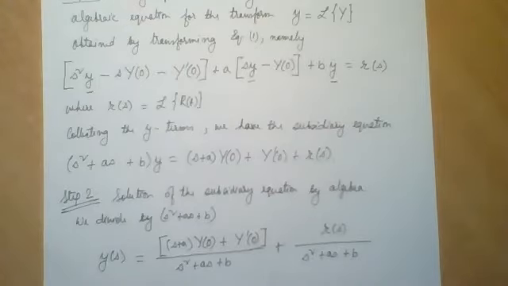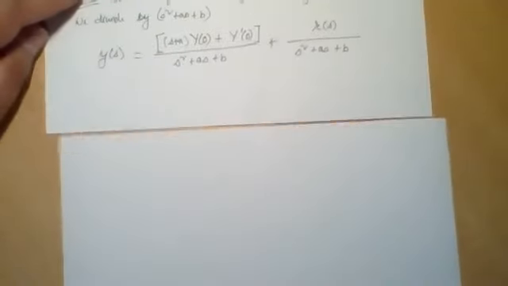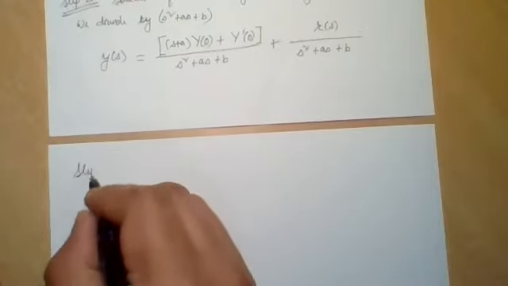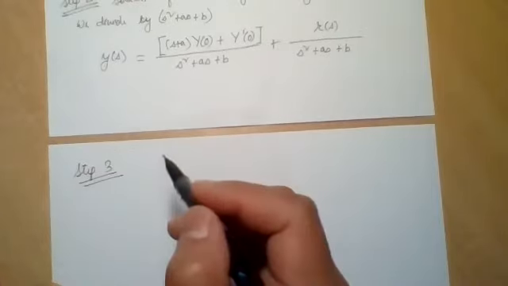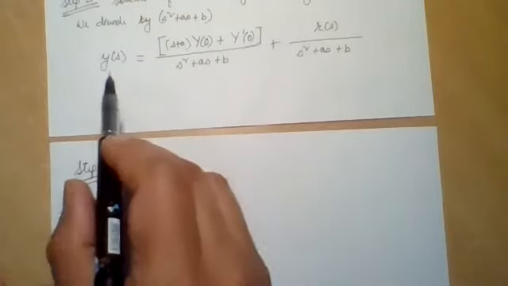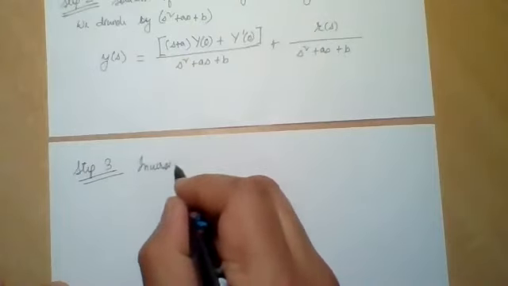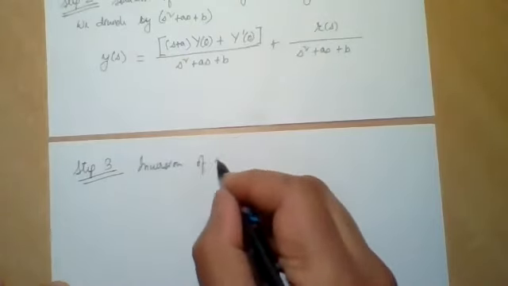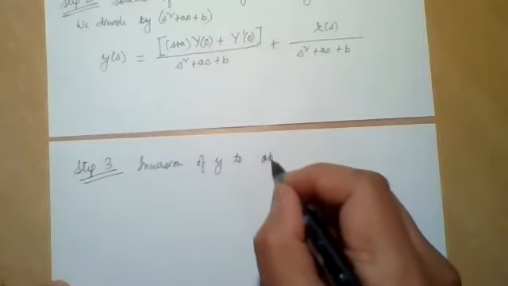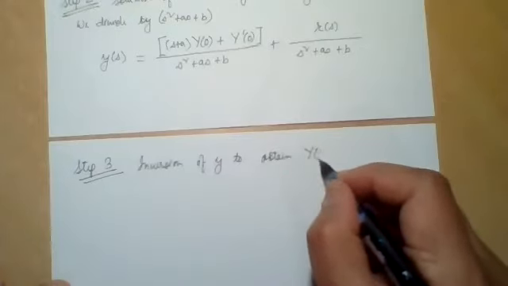Okay, next, third step, step number 3. This is step 2. Now let us come to step number 3. If I take the inverse Laplace transform of this, I get capital Y. So step number 3 is inversion: inversion of y to obtain capital Y of t.